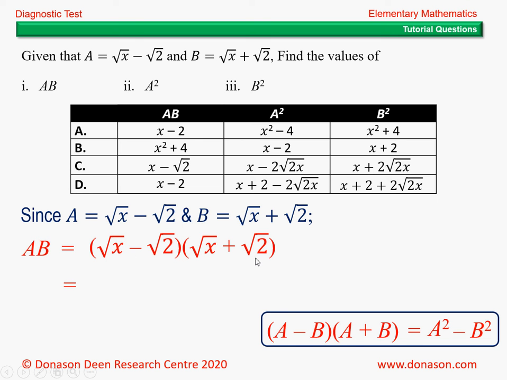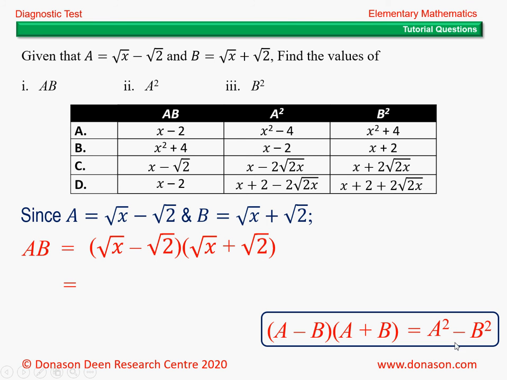The moment you write this down, you can recognize that this looks like (a minus b), and the other bracket looks like (a plus b). If you compare, can you see that the a is actually the square root of x and your b is the square root of 2?